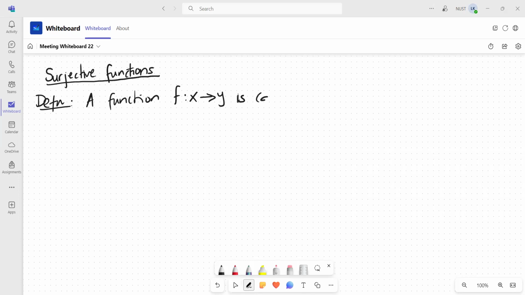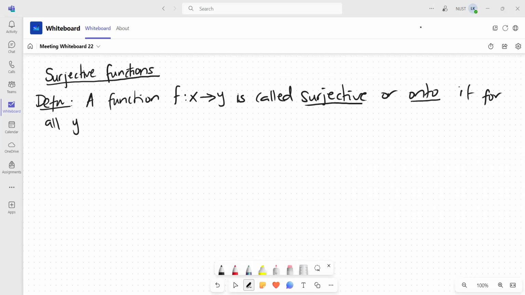This function is called surjective or onto. So surjective and onto mean the same thing. If for all y in y, so any element you pick in the codomain, there is an x that is mapped to that y.